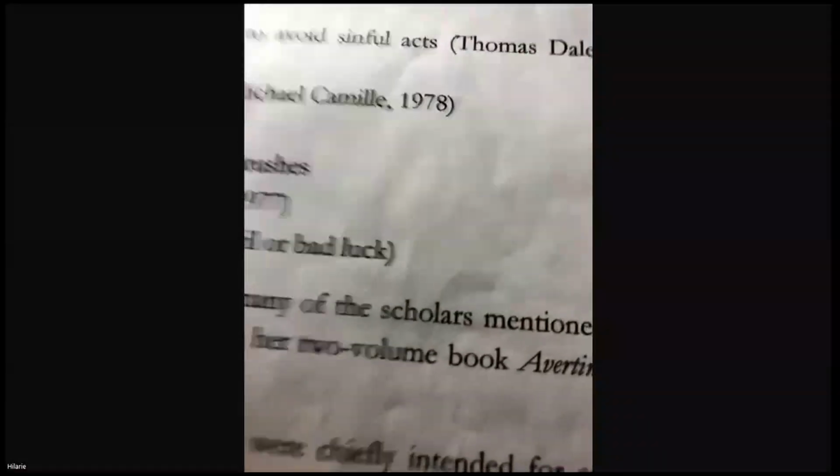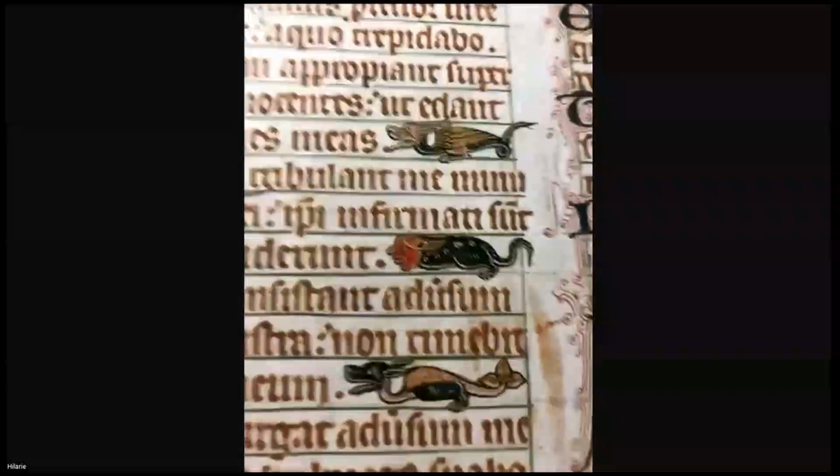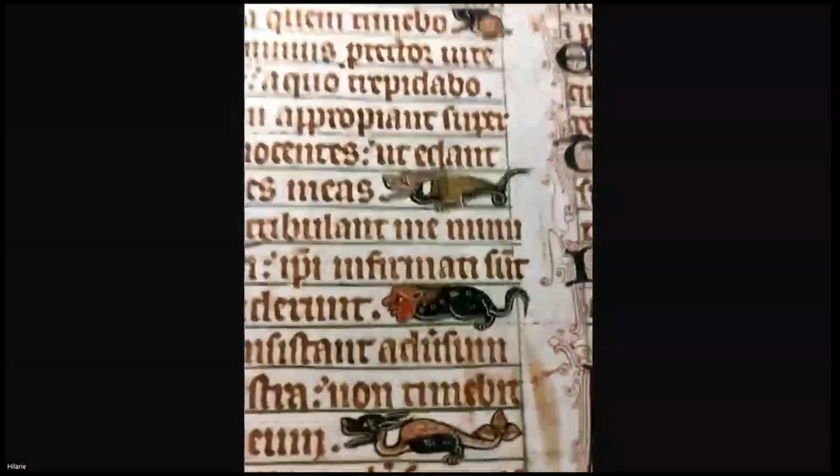And of course, not only do we have flowers and wonderful things in acanthus leaves, now I'm going to flip it. There you go. We also have these monsters, marginalia, these little guys right here. And why in the world are they there, right?